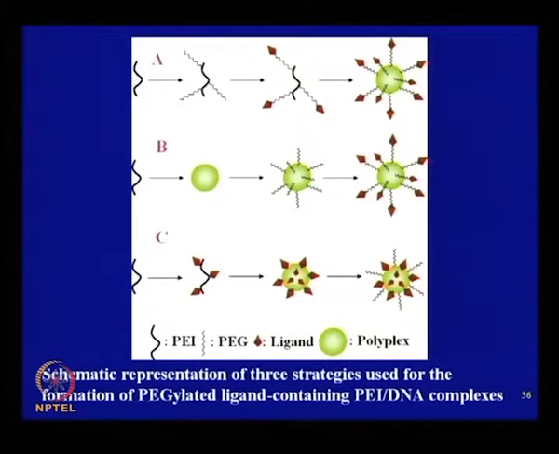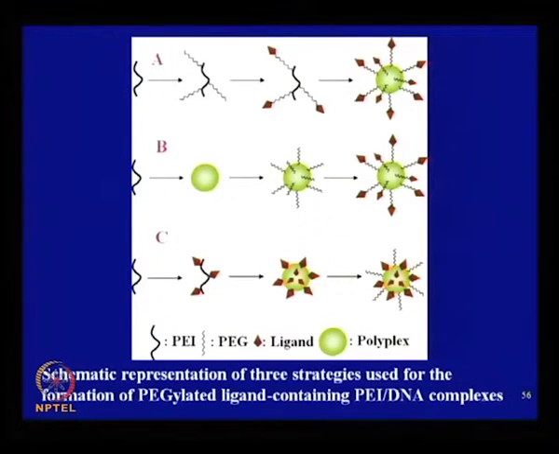Polyplexes. PEGylated means attachment of some drugs, some polymers to polyethylene glycol. You know, polyethylene glycol is a water soluble polymer, a hydrophilic polymer. A polymer is water soluble if it is within a limit of molecular weight.